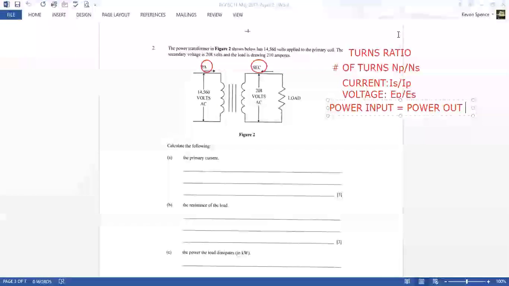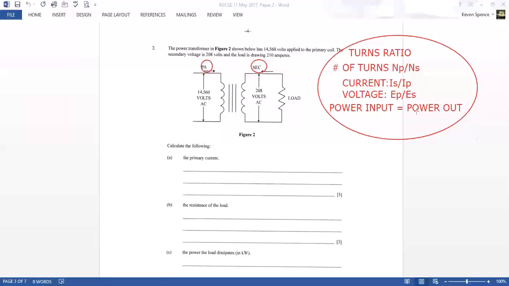Now, usually when you're doing a transformer calculation, the first thing you must do is calculate the turns ratio. You calculate the turns ratio first.